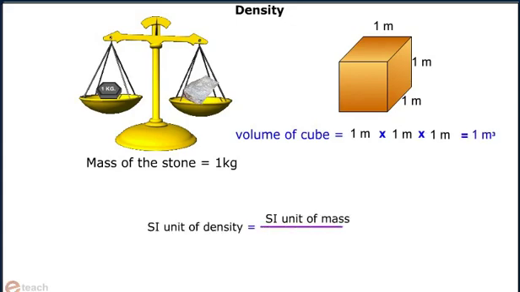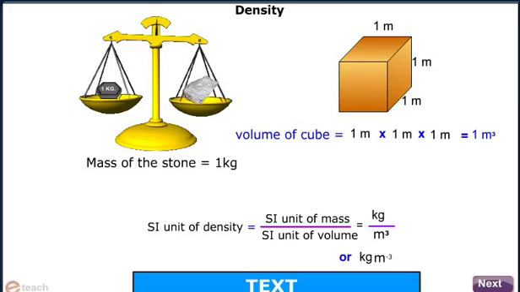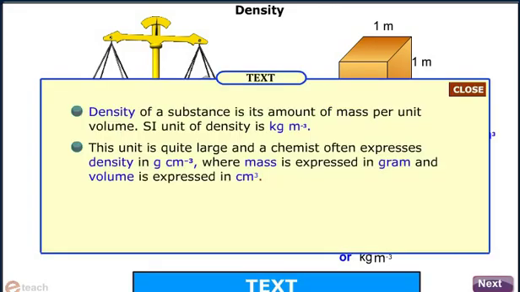SI unit of density is SI unit of mass divided by SI unit of volume, that is kilogram per meter cube. Density of a substance is its amount of mass per unit volume.